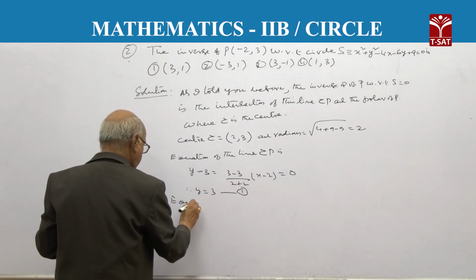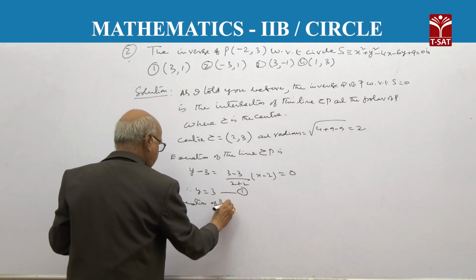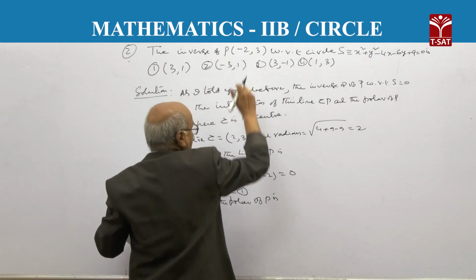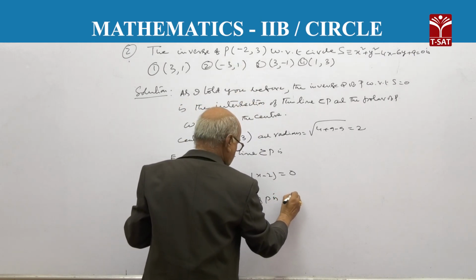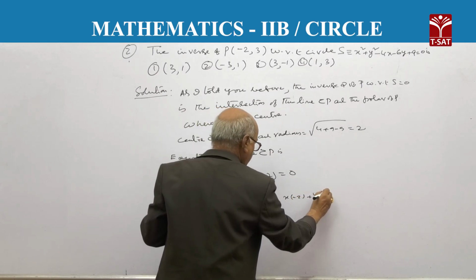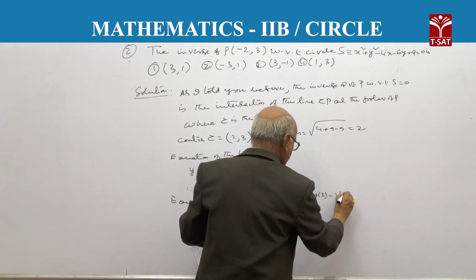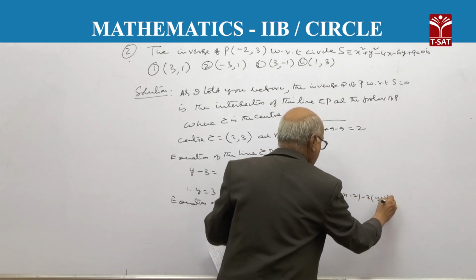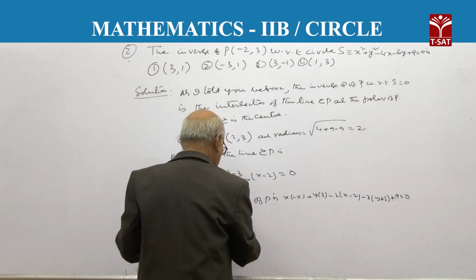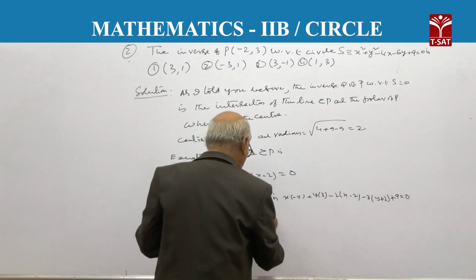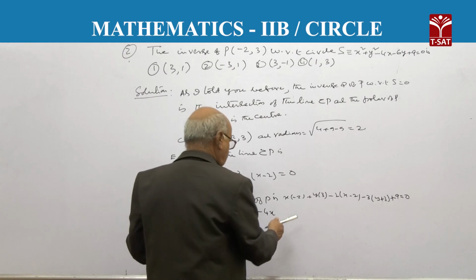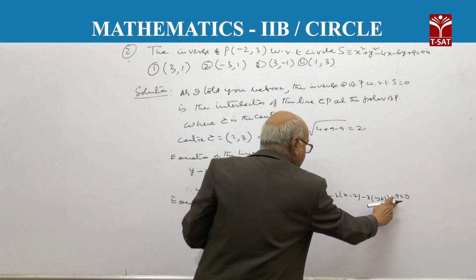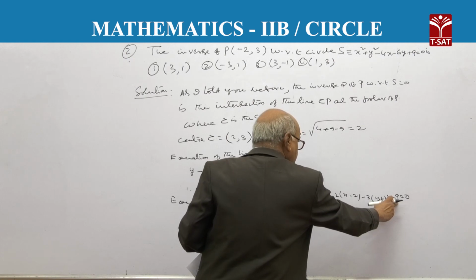Now the equation of the polar of P(−2, 3) is x(−2) + y(3) − 2(x − 2) − 3(y + 3) + 9 = 0, that is −2x − 2x, and 3y − 3y will cancel, plus 4 minus 9 plus 9.